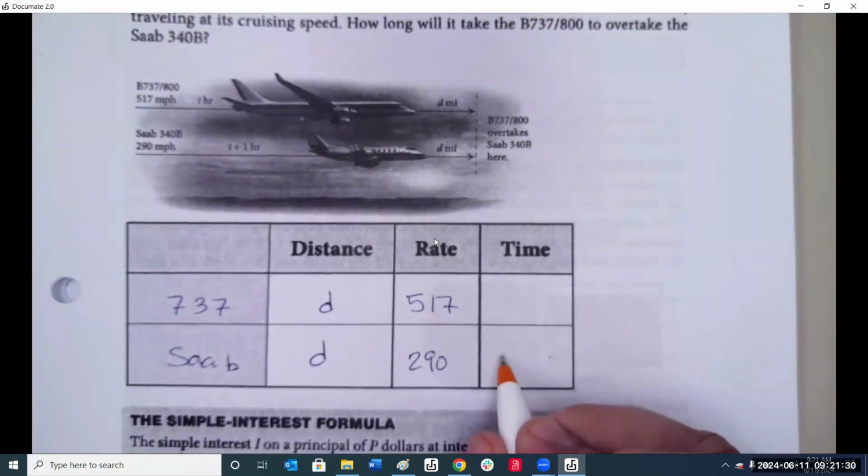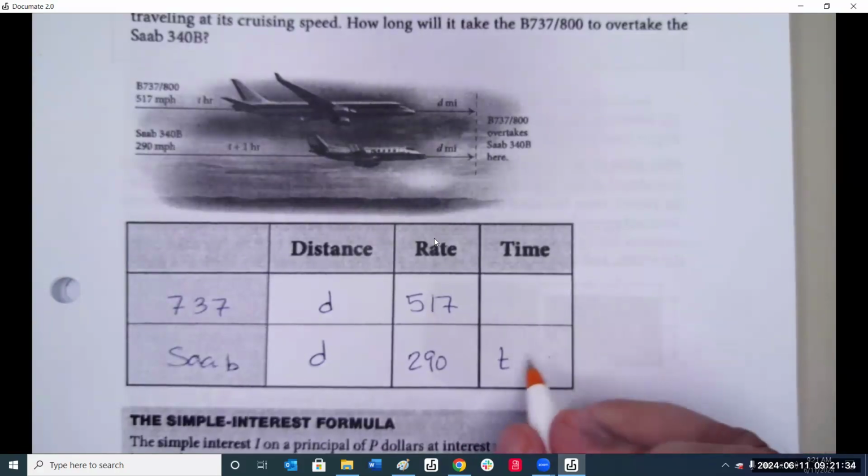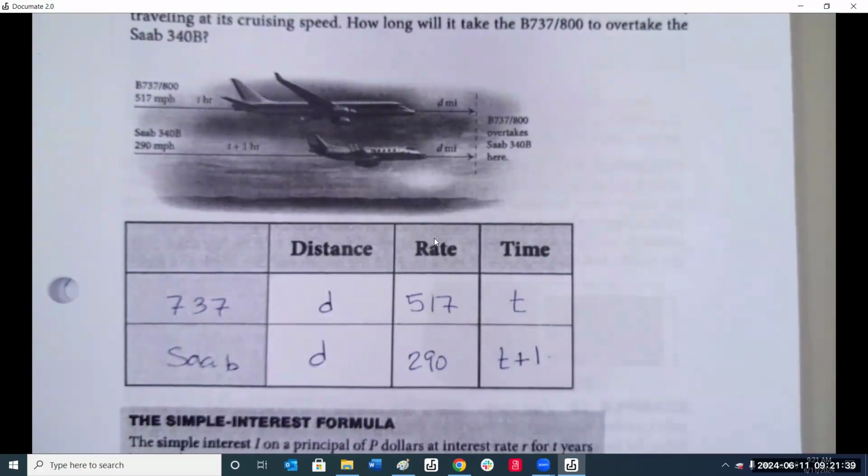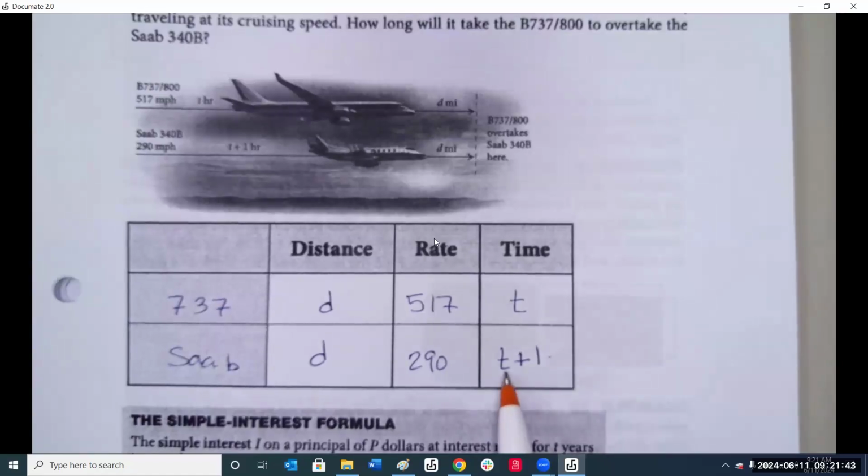So we know that the Saab took off, and then an hour later, the 737 took off.